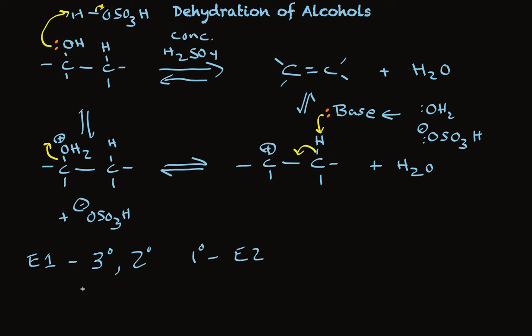Number two is that in terms of rates, like a normal E1, the tertiary is faster than secondary. And another thing to notice is, like other carbocations, that carbocation intermediate may rearrange.